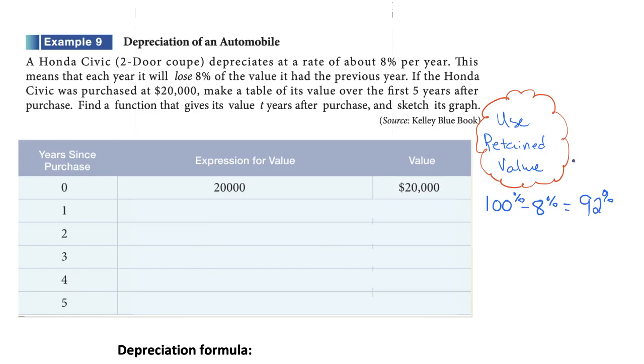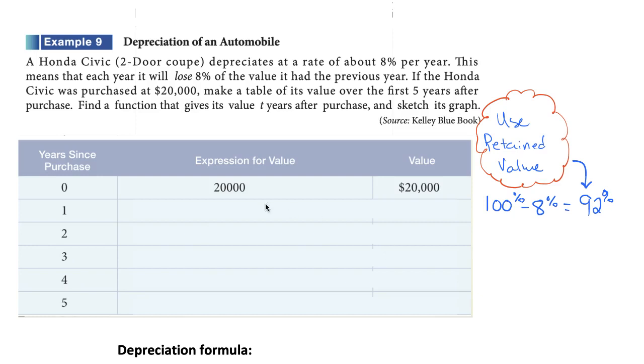In other words, 92% is what it retains. This equation only works with the positive, not the negative. So it works with what it keeps, how much it's worth each year. So it's worth 92% of its original value each year. Okay, so if you don't understand that, stop for just a moment, pause the video, go back, think about that.